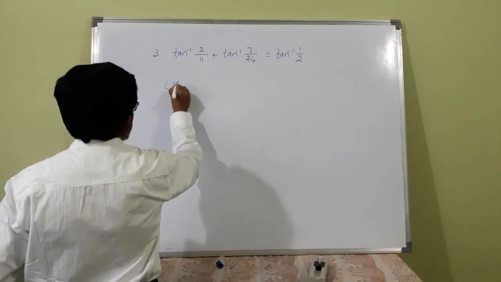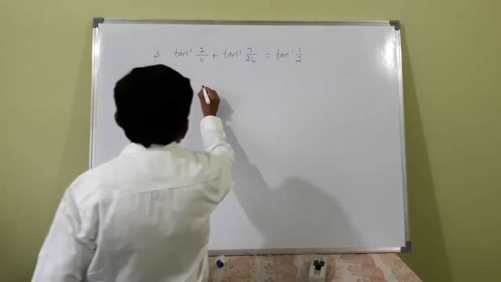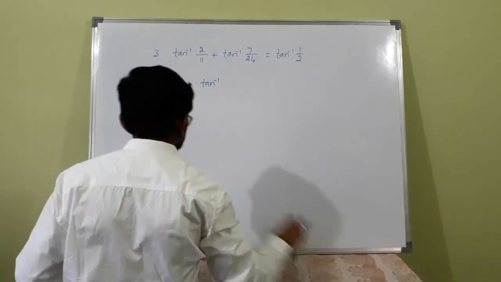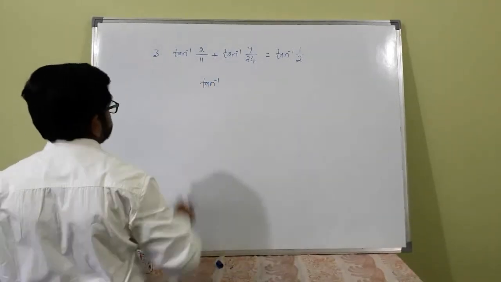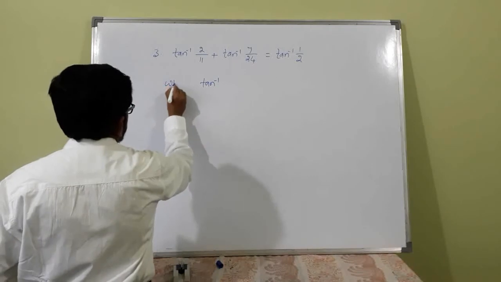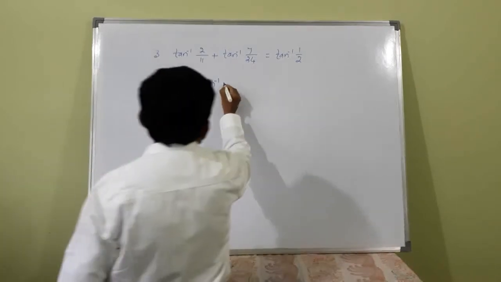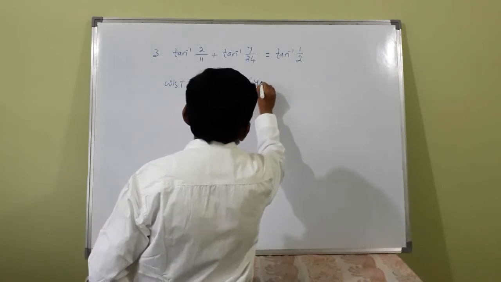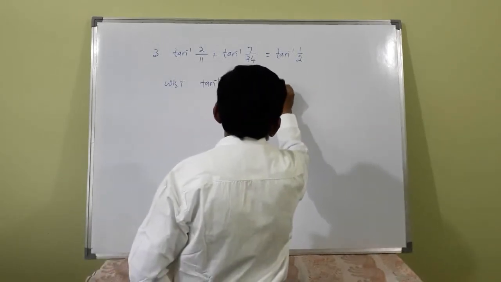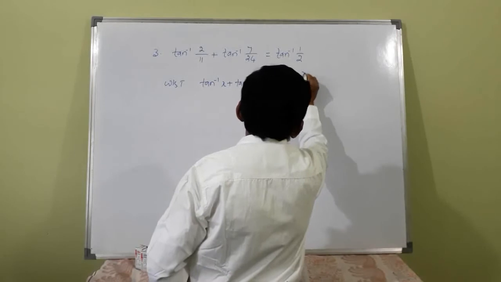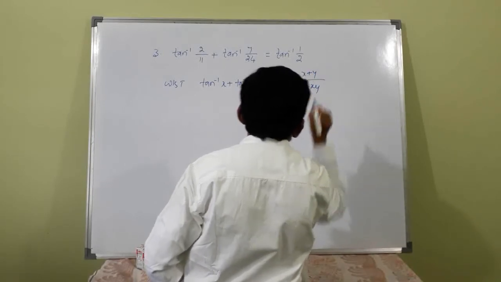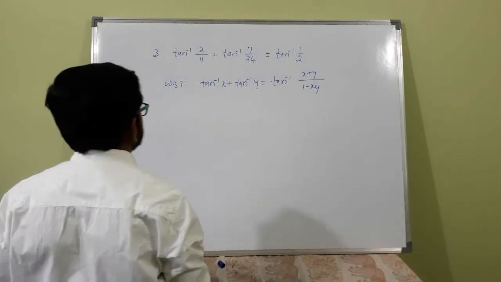LHS is tan inverse, let us write the result. Tan inverse of x plus tan inverse of y is equal to tan inverse of x plus y divided by 1 minus x into y. This form.